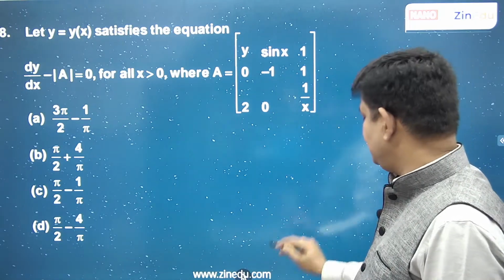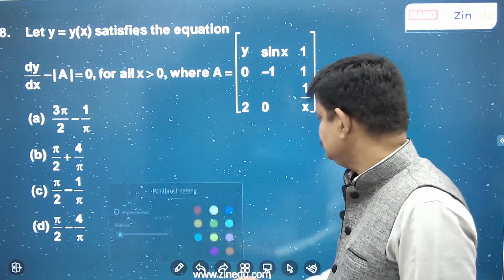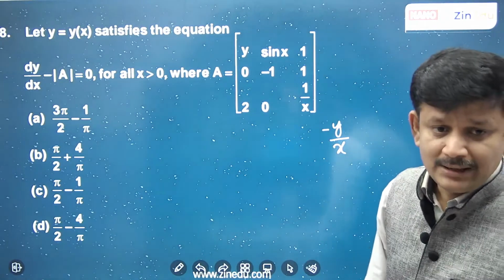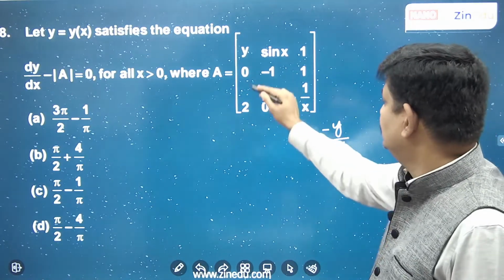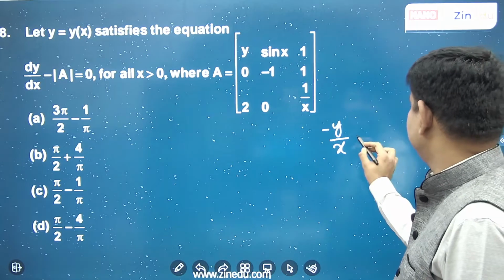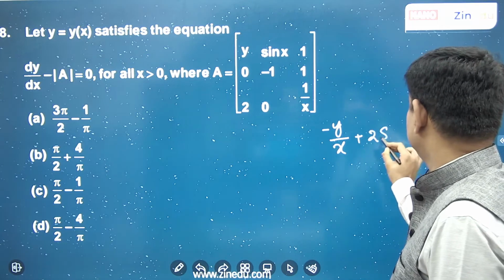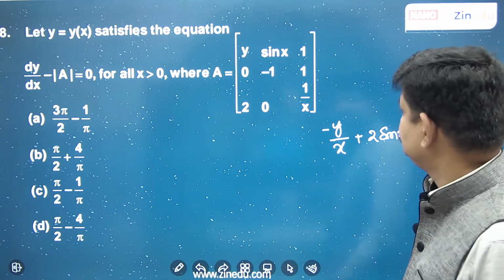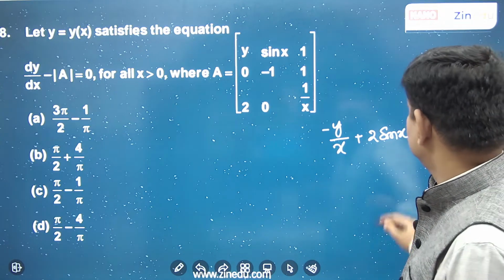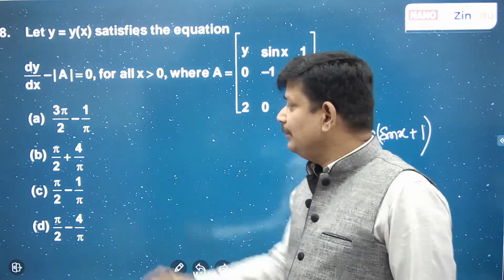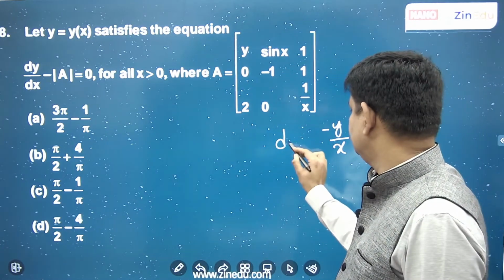So minus y by x, minus y by x, 0, 2 into sin x plus 1. dy by dx is equal to this.